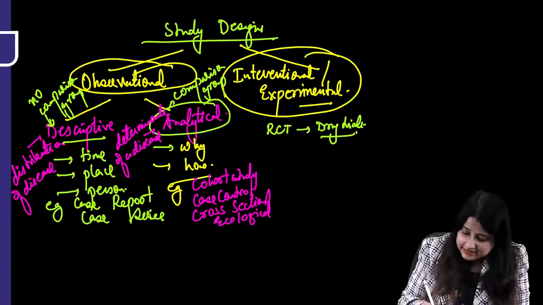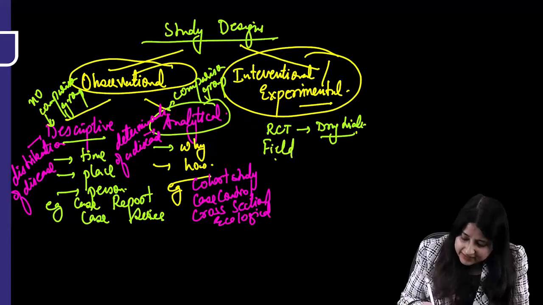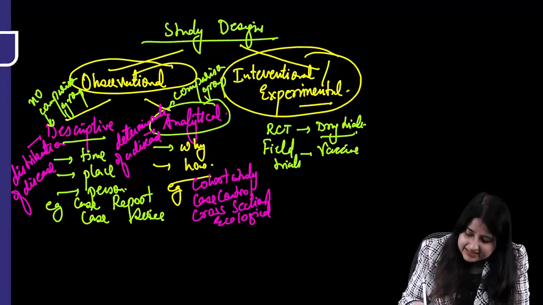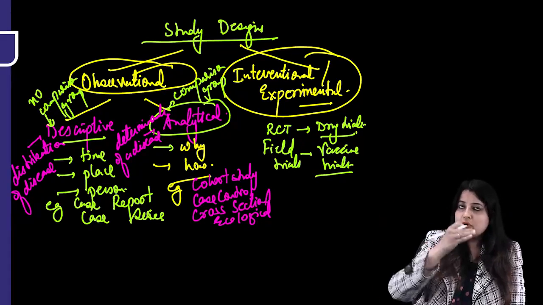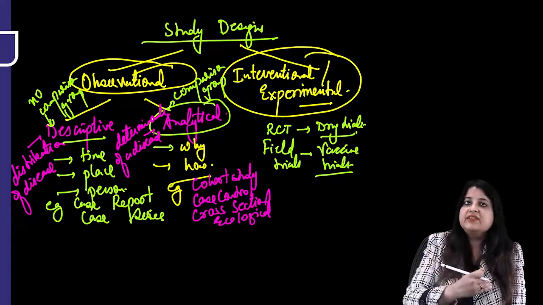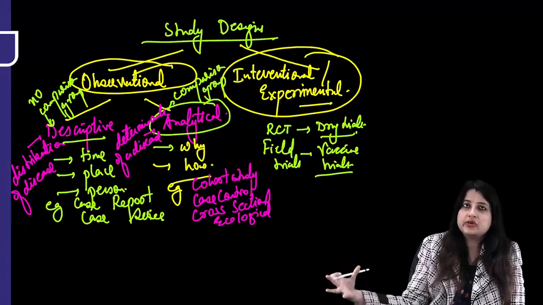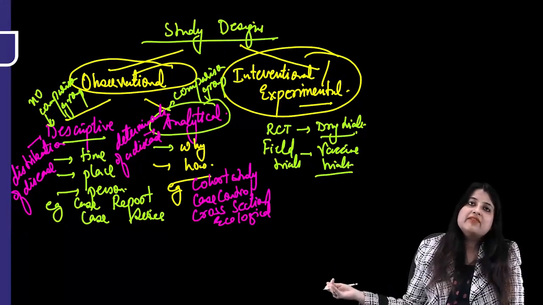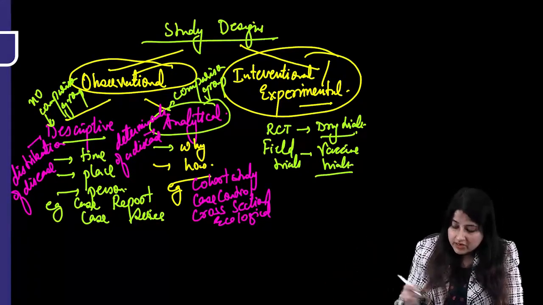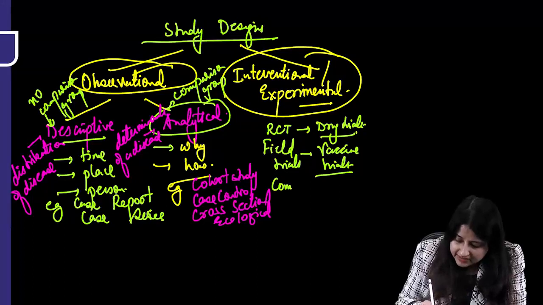So drug trials. Then there is something known as field trials. What are field trials? Field trials are nothing but vaccine trials. There's a group of healthy population, half we give the vaccine and the other half we do not give the vaccine. And then we follow them up to see how many went on to develop the disease and how many did not. Also, we have community trials.